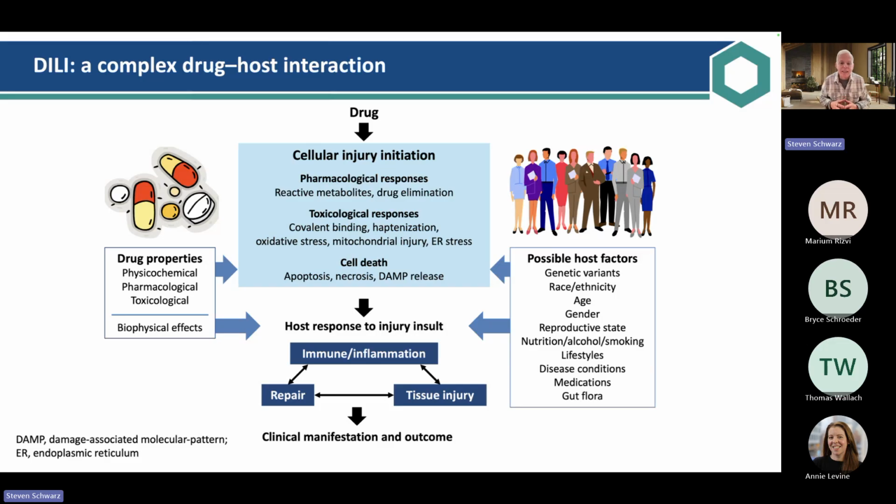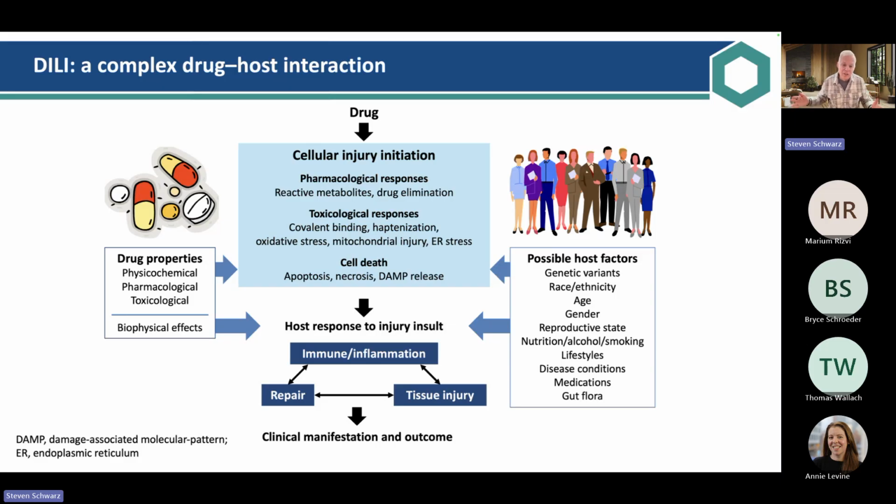We can have direct toxicologic responses, binding of the drug to various receptors in the hepatocyte, leading to an oxidative stress, mitochondrial injury. Mitochondrial injury is extremely important when we talk about drugs like valproate.